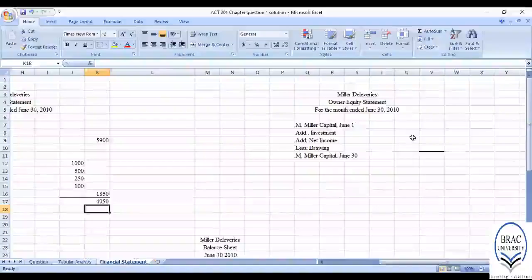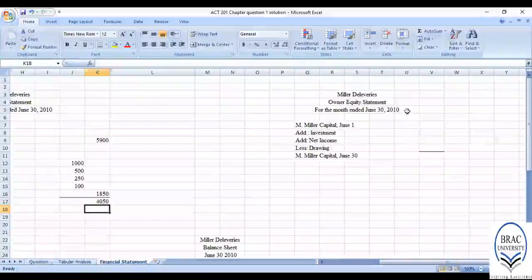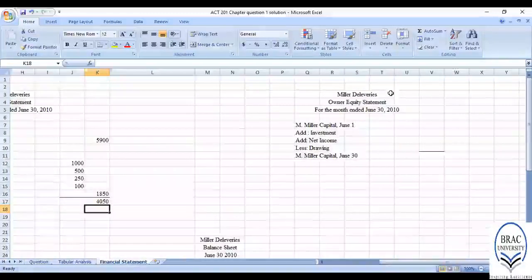Now, let's look at the owner's equity statement. Like the income statement, the owner's equity statement also starts with the company name, as we can see, Miller Deliveries. Then we write owner's equity statement, then for the month ended June 30th, 2010.